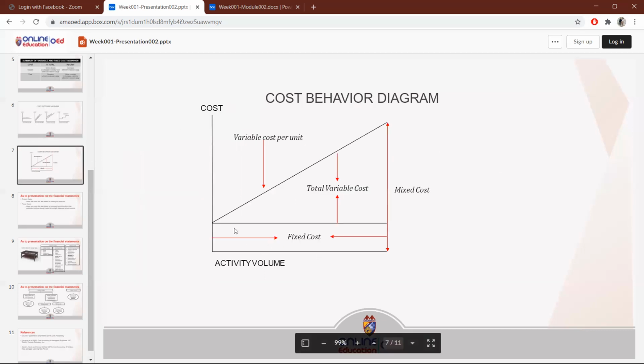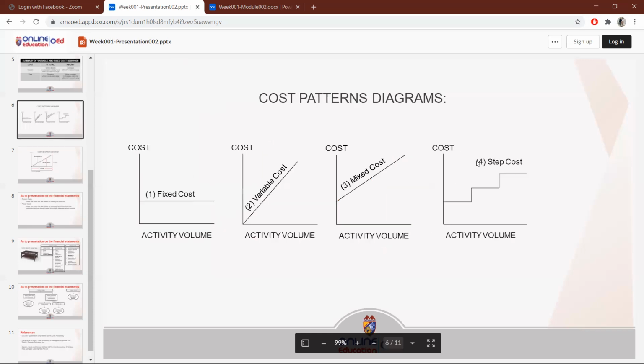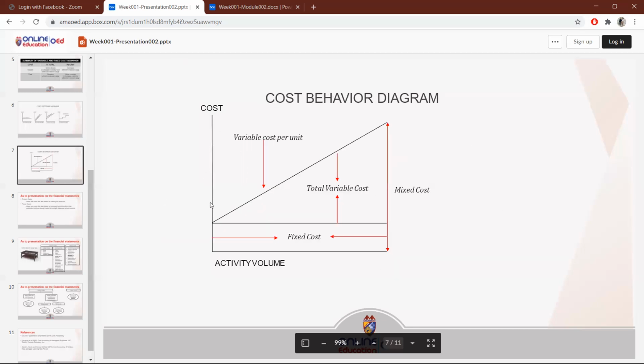This is the per unit: variable cost per unit, total variable cost. You can just refer to this one, but it is easier to understand, because this one is more complicated since they are all mixed together. So that's it.